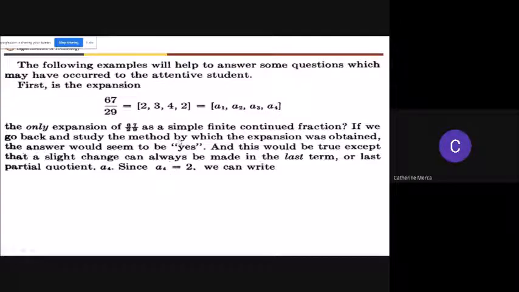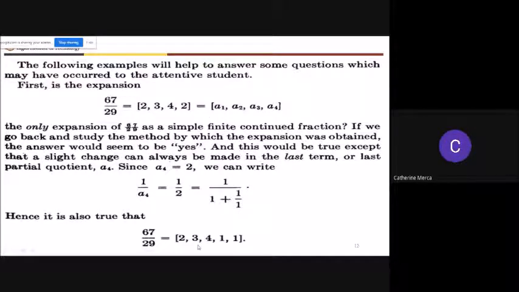Because you end up here with a sub 4 equal to 2, but you can rewrite 1 over a sub 4, which is 1/2, as 1 over 1 plus 1 over 1. So it can also be rewritten as 2, 3, 4, 1, 1.